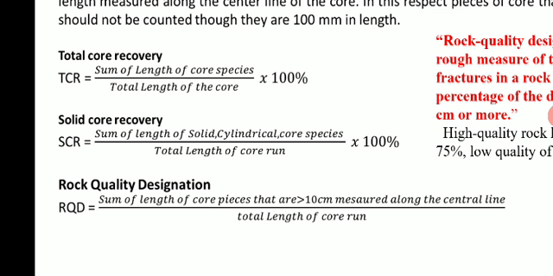It is the sum of the lengths of the core pieces divided by the total length of the core, multiplied by 100, which gives you the answer in percentage. Summation of all the core pieces divided by the total length of the core gives you total core recovery.